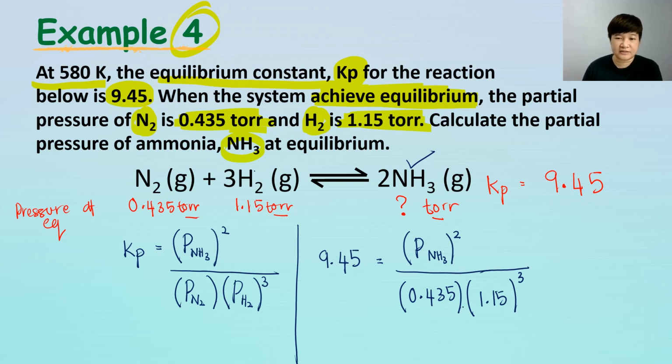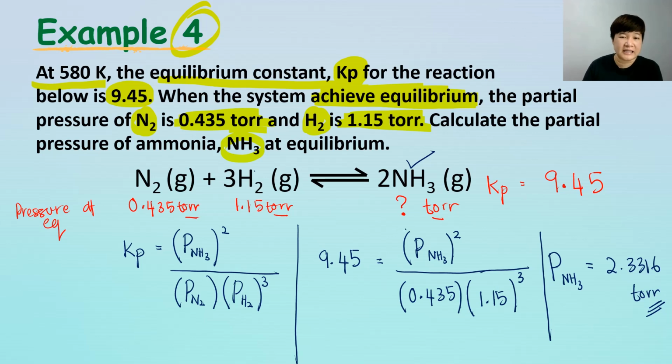So you can solve your mathematics, and last but not least, you will be able to get the partial pressure of ammonia after you square root it. We only want the partial pressure of ammonia, so make sure you square root it. The partial pressure of ammonia calculated will then be 2.3316 torr. Make sure the unit torr is there because it's a partial pressure.